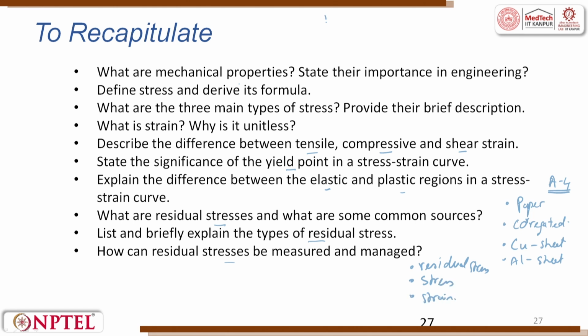Draw a plot of stress versus strain, and the number of cycles, and note whether it broke or not. Try to do this exercise; this will give you a feel for what it is.